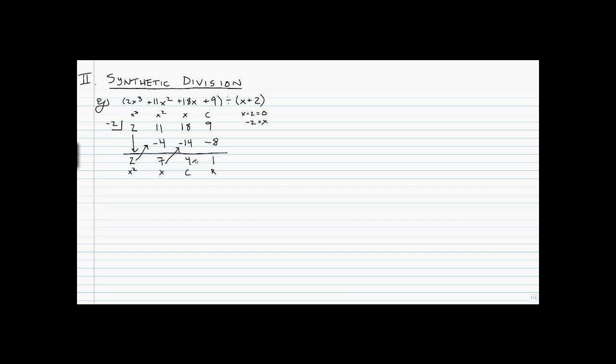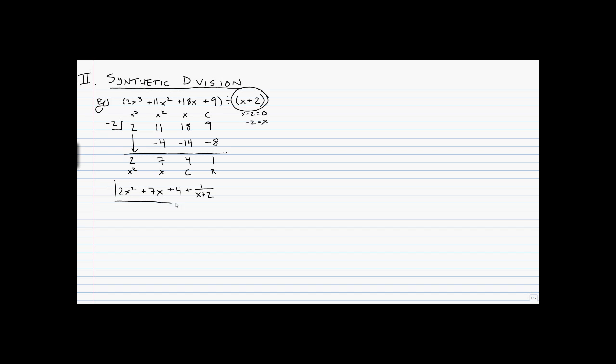I then multiplied 4 times negative 2, which is negative 8, also good. And 9 plus negative 8 is 1. So in fact, it looks like I did what I was supposed to. So that means my answer here is 2x squared plus 7x plus 4 plus my remainder of 1 over the original divisor, which is x plus 2.